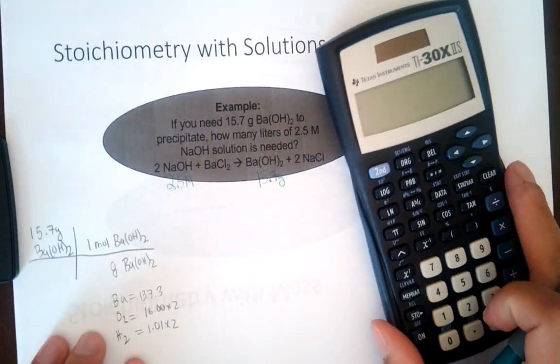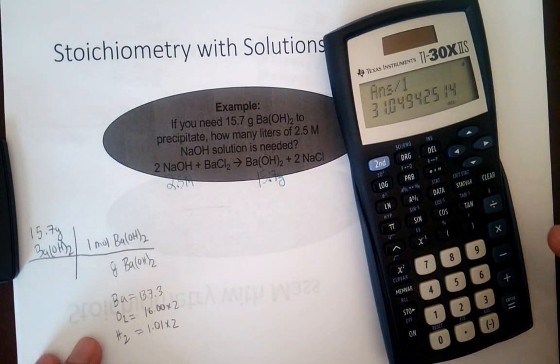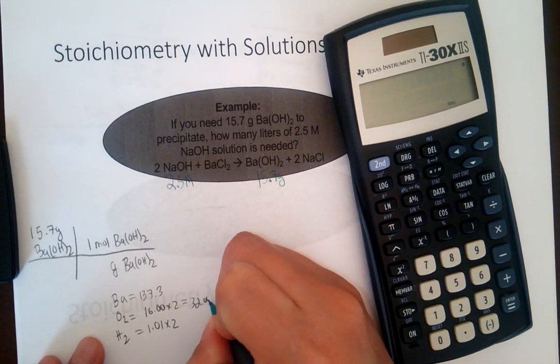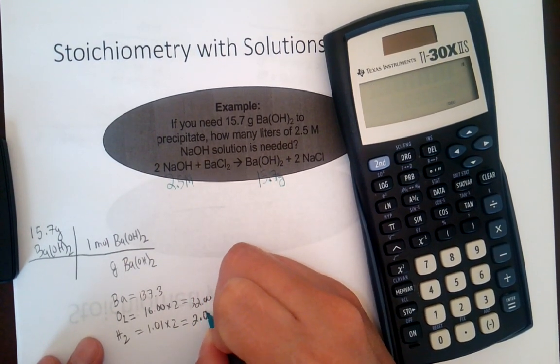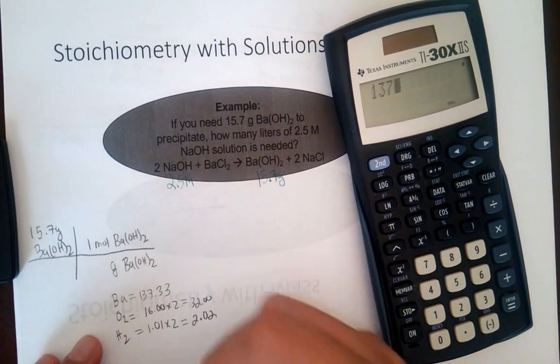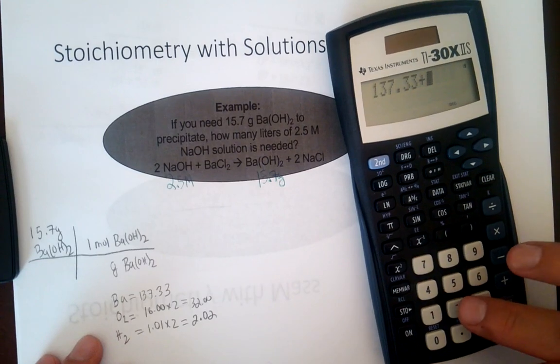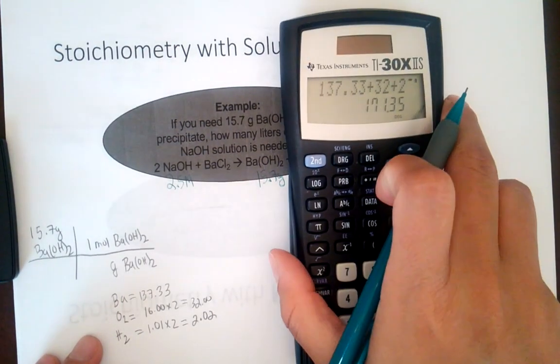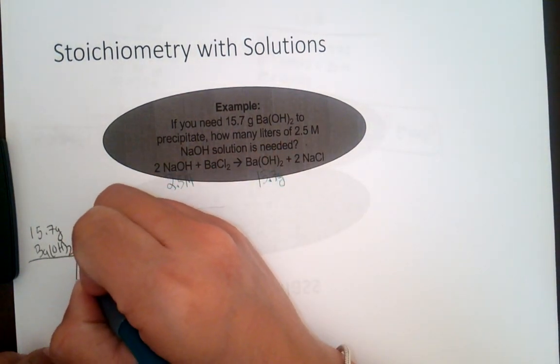So how will we do this? We just add this all up together, and 16 times 2, remember, is 32. 1.01 times 2 is 2.02. So we do 137.33 plus 32 plus 2.02, and altogether is 171.35.